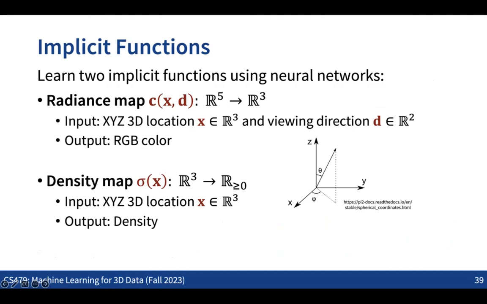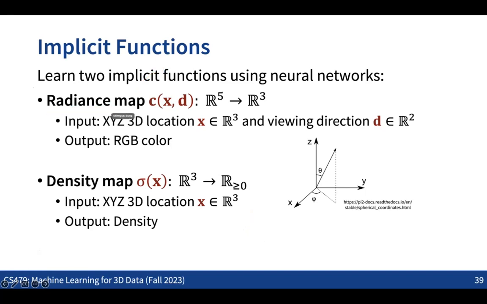So what we are going to do is make two implicit functions. As someone also asked in the Zoom chat, one implicit function is for the geometry, which represents a density map over the 3D space. We're going to get into the exact meaning of this density map in later slides. We also have another neural network, which is the implicit function for the view-dependent color, the radiance.